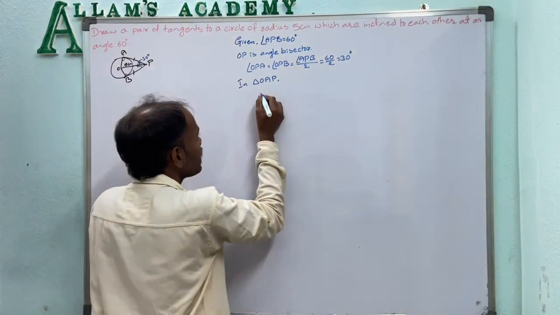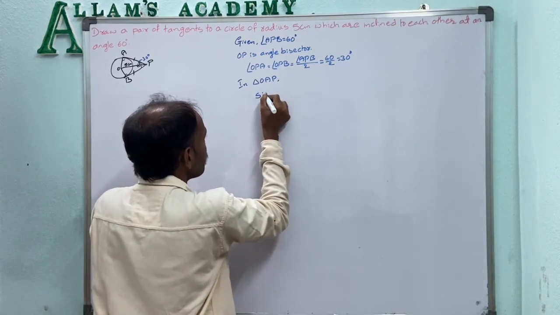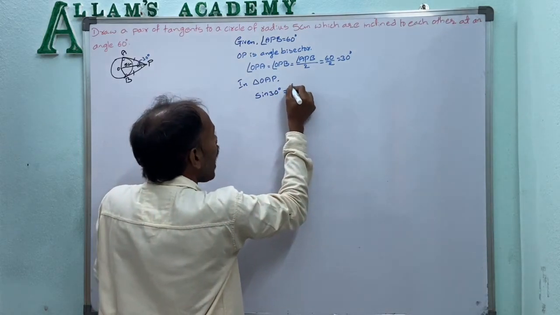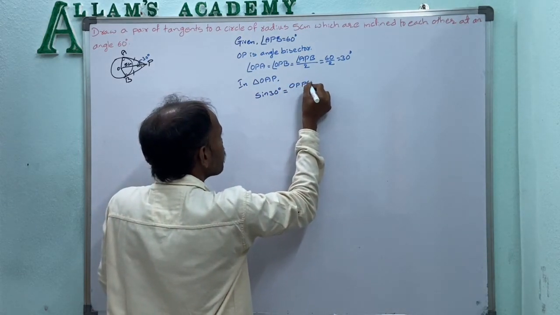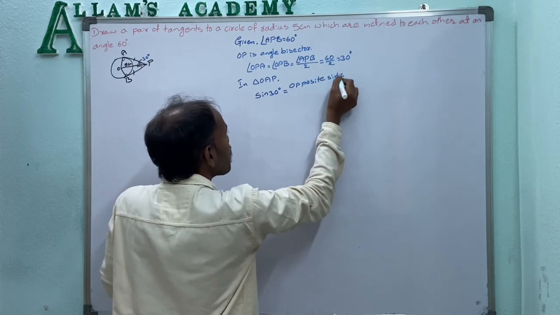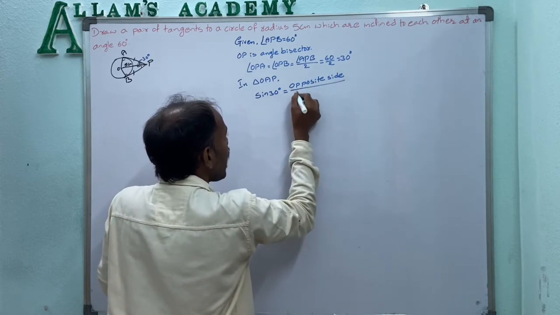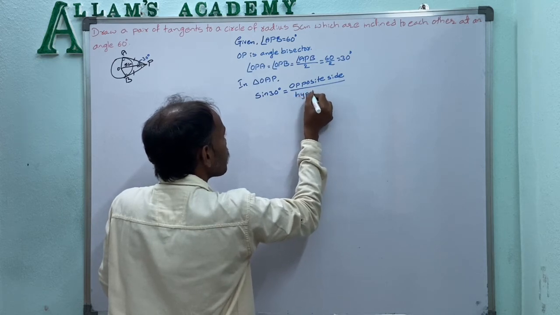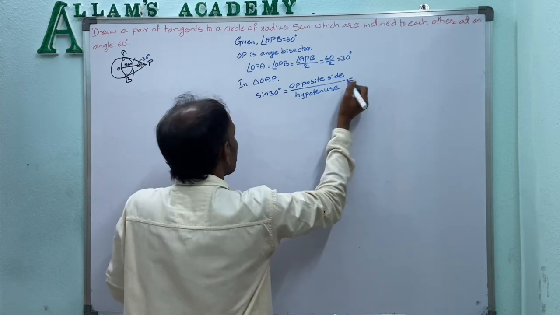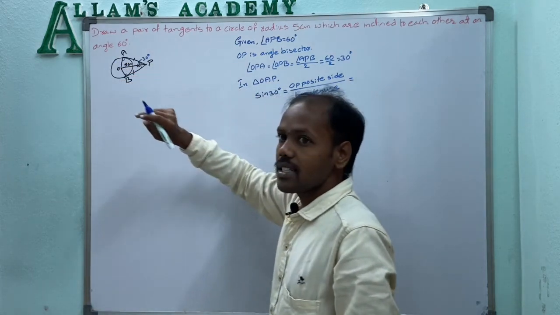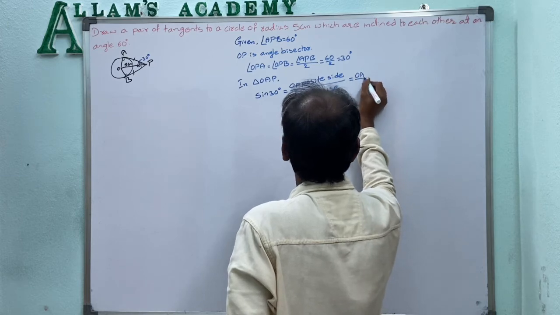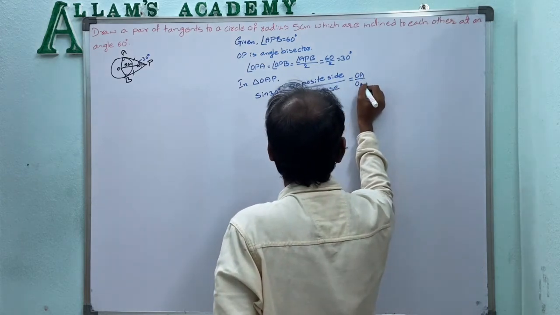So sine 30 equals opposite side by hypotenuse. Here, to 30 degrees, the opposite side is OA and the hypotenuse is OP.